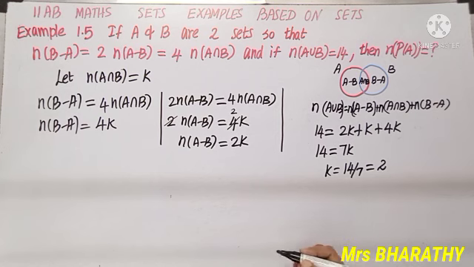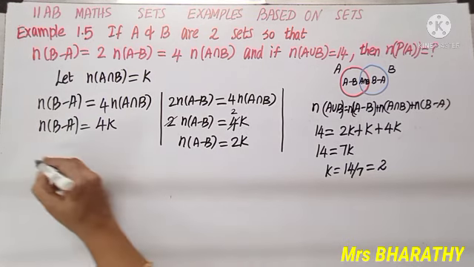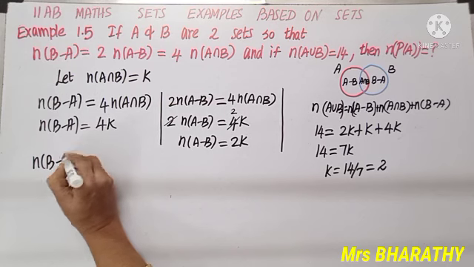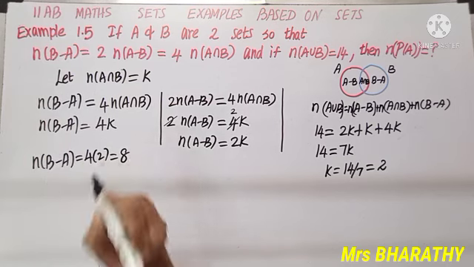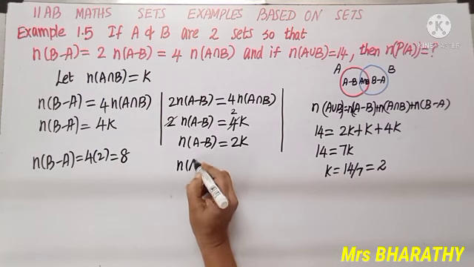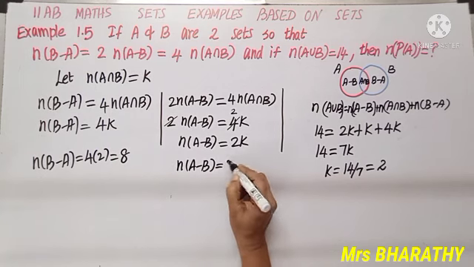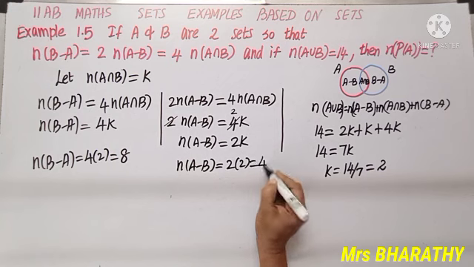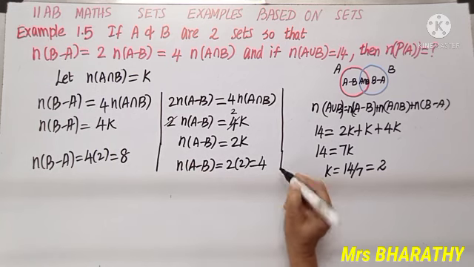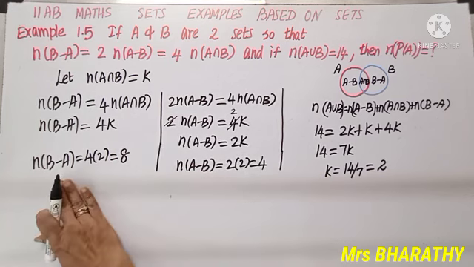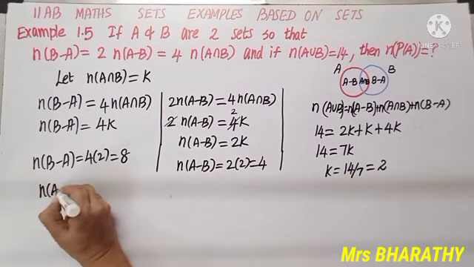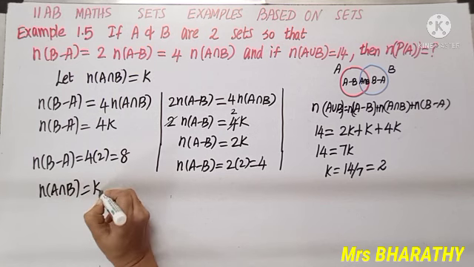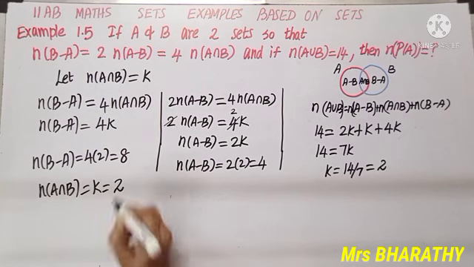Once I know the K value, let me substitute here. n of B minus A is 4 into 2, that is 8. n of A minus B is 2 into 2, that is 4. And n of A intersection B is simply K, and the K value is 2.